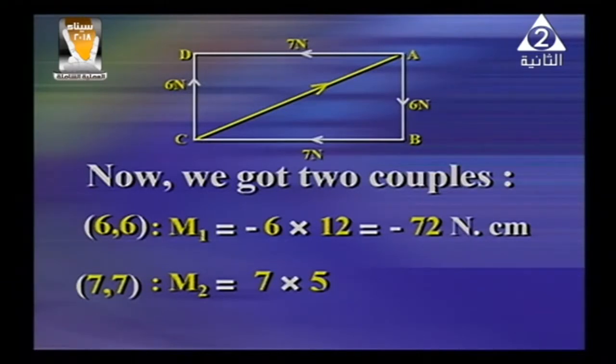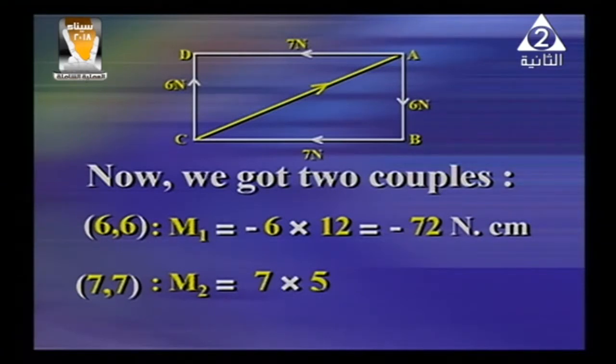Dear student, when we resolve 13 Newton on the x-axis and y-axis, then on CB it is 7, and on CD it is 6.